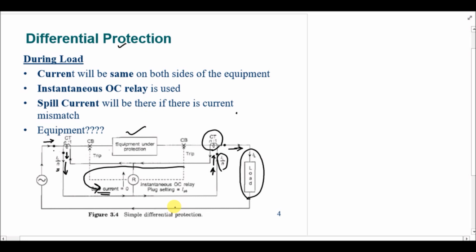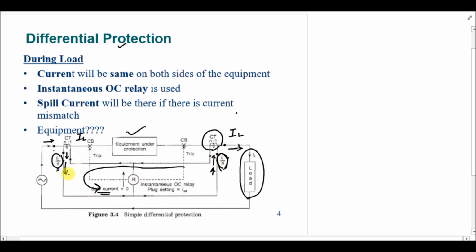So if the load current is flowing through the system, then the CT will have the same current being flowed through them. So whatever current is flowing through this CT, that is for example IL, the same current will be flowing through this CT. And the currents in the secondary of the CTs will be IL by N and IL by N.